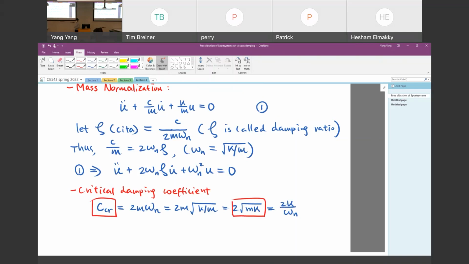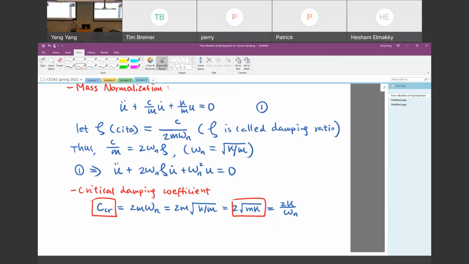This is very important, as you can see here. The critical damping coefficient is independent of the other parameters. It is only related to the mass and the stiffness of your structure. So given the mass and the stiffness of the structure, the critical damping coefficient is determined.